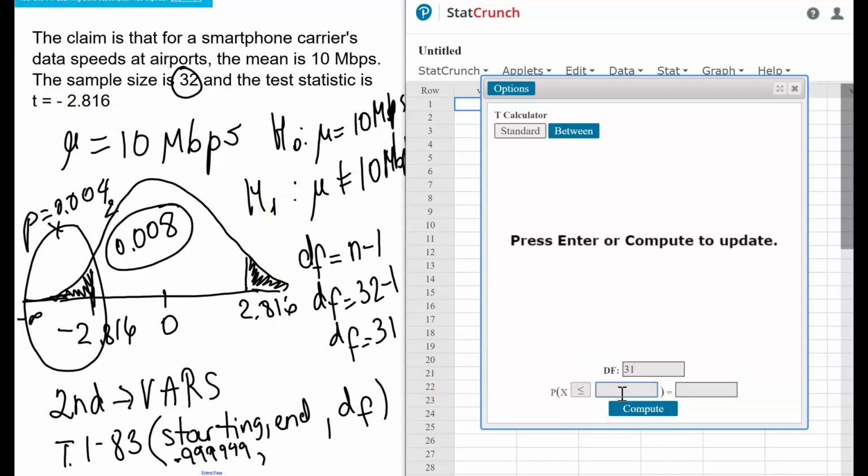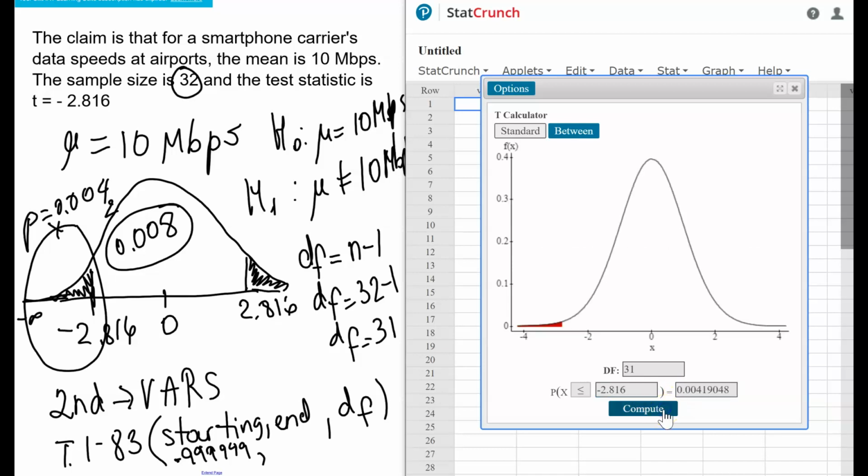Make sure to write it in the right box. Negative 2.816, and click compute. Again, the p-value shown is only for the left tail. And since we have a two-tailed test, we'll need to multiply this p-value times 2. 0.004 times 2 will give us again 0.008.